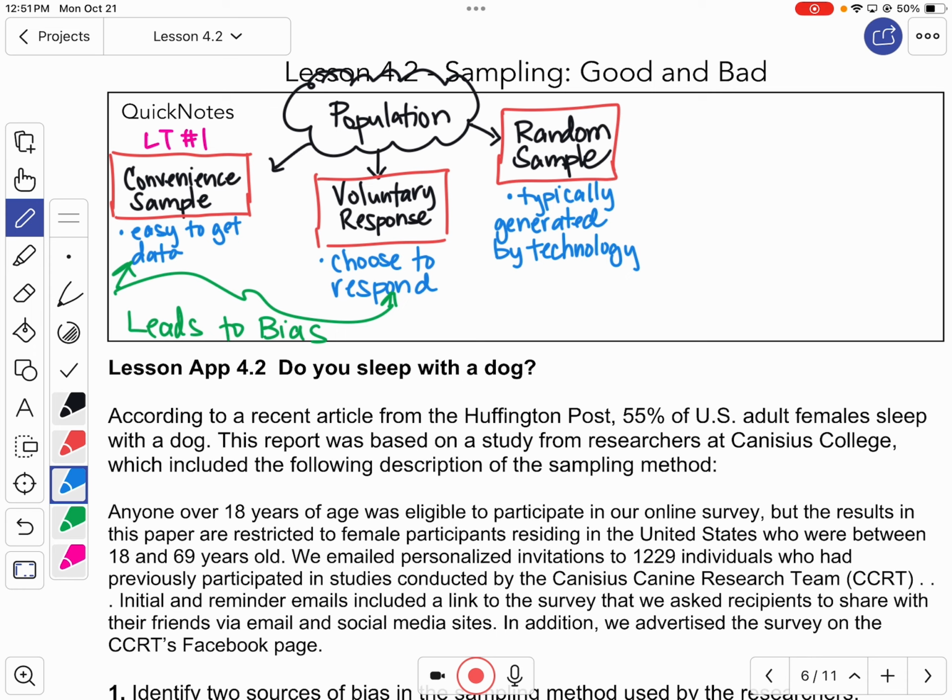The nice thing about a random sample is everyone has an equal chance of being chosen, and it has low bias.